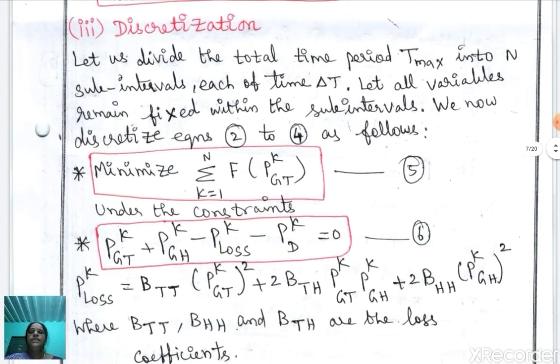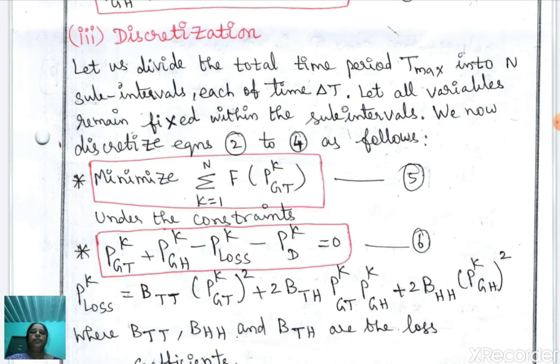Then discretization. Let us divide the total time period T max into N sub-intervals, each of time del T. Let all the variables remain fixed within the sub-intervals. Now we rewrite equations 2 and 4 as follows.